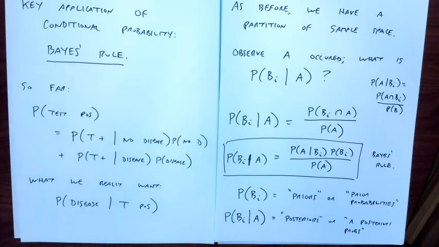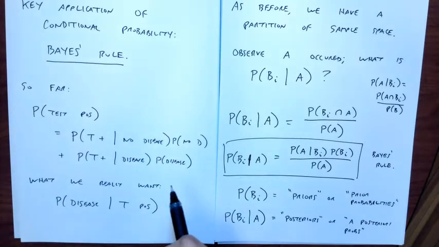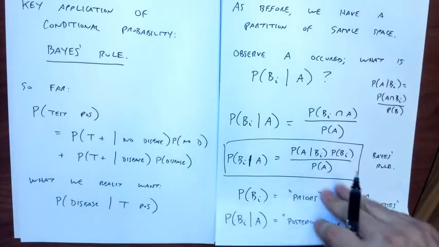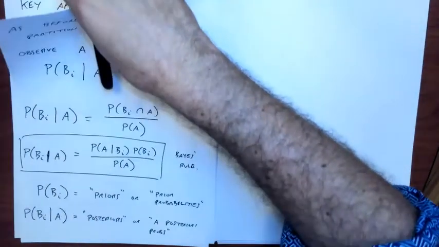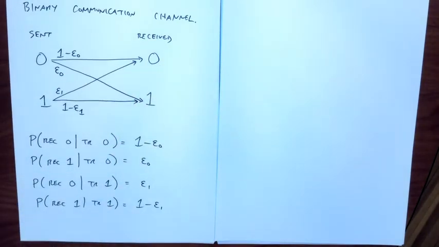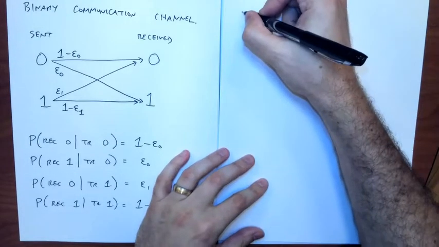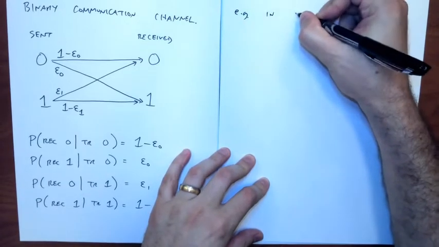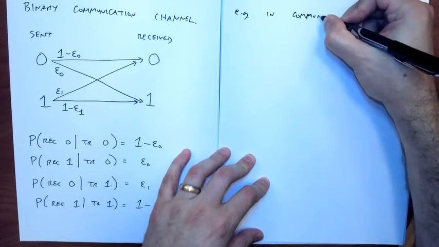Okay. So for example, if I go back to my communication channel, what I really care about is, I am the operator over at the other end of this communication channel, and I want to know, suppose that I received a 0, or suppose I received a 1. How do I know how likely it was that the 1 is a true 1, or whether it was corrupted by being flipped?